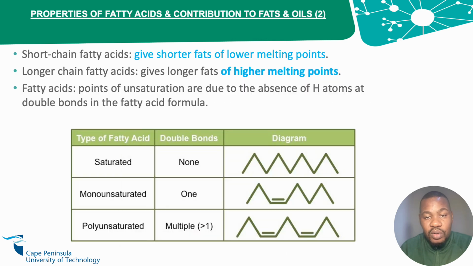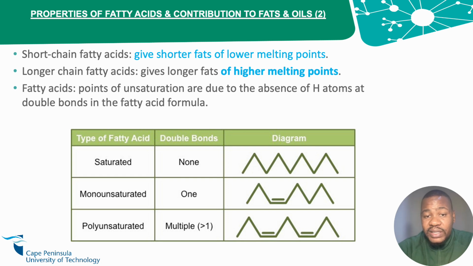I spoke about the chain length earlier on. The fatty acid chains can either be long or short. Short chain fatty acids give shorter fats with lower melting points, but longer chain fatty acids give longer fats with higher melting points.